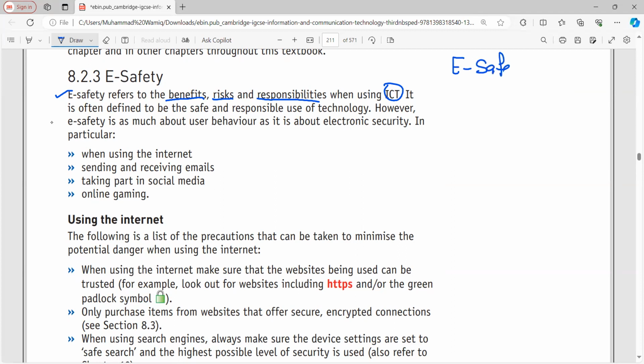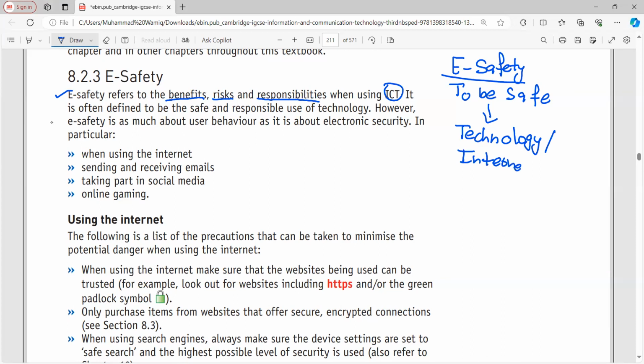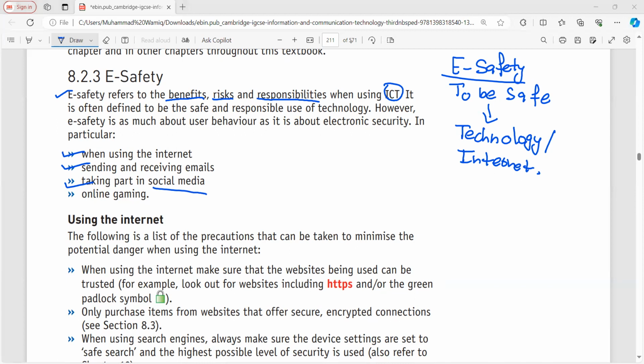E-safety is known as being safe when you are using technology or the internet. You should keep yourself safe whenever you are using the internet, sending or receiving mails, taking part in social media, Facebook, Instagram, and online games.